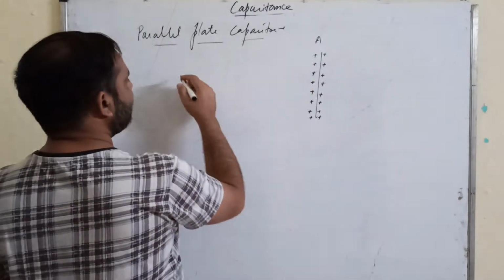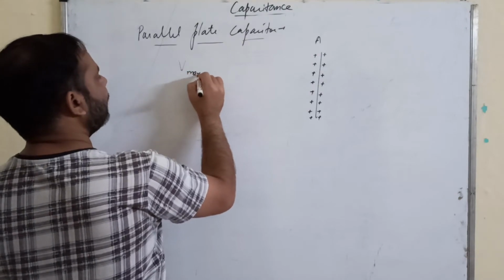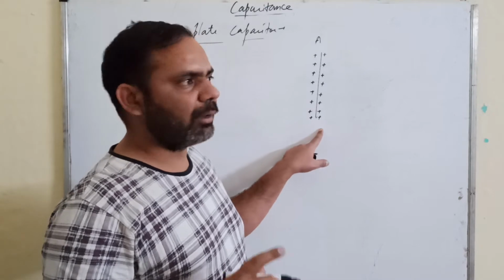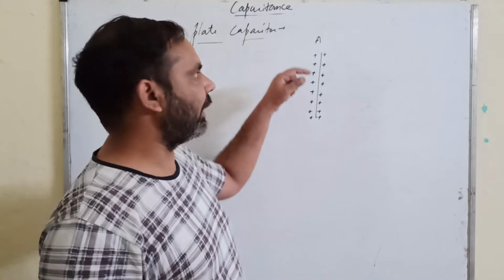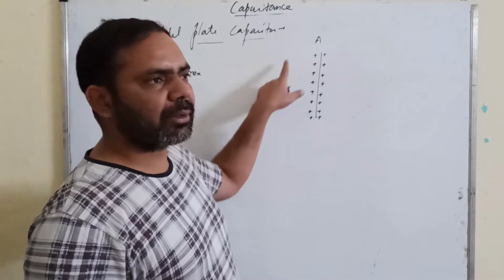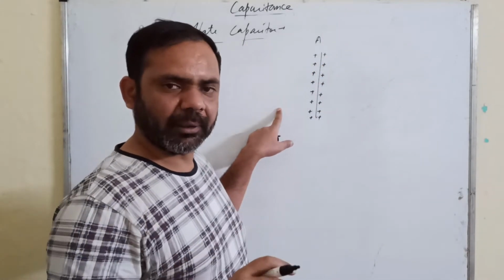When the plate reaches the maximum potential, whatever charge you give to this plate will leak to the surroundings, and the charge on plate A cannot be increased further.